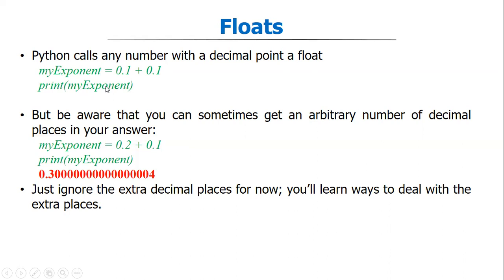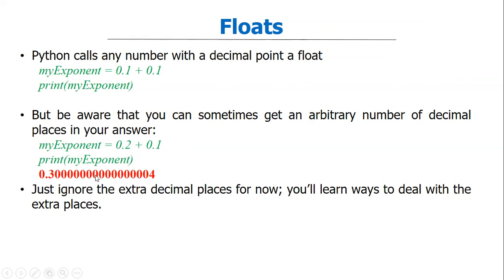But sometimes we are going to get more decimal places after the decimal point. Be aware that you can sometimes get an arbitrary number of decimal places in your answer. So we have my exponent equal to 0.2 plus 0.1. If you print my exponent, we are going to get this.